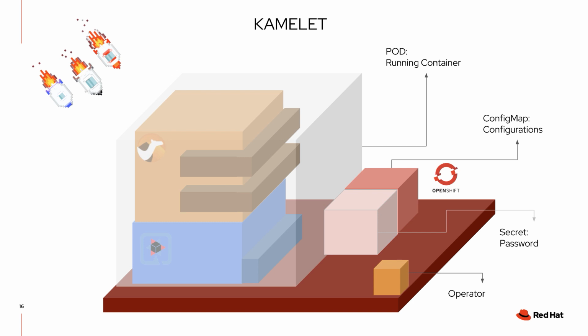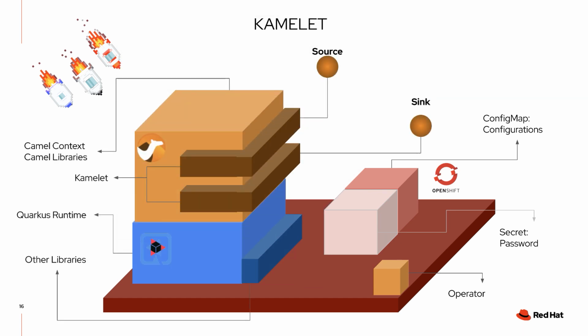But what's running inside that pod, you ask, right? People are curious, so let me lift that mystery box and show you what's going on. So here I have a Camel context, so I have Camel running. It has a couple of different Kamelets, so it will fetch all the Kamelets, and the Kamelets will have the libraries you need to connect to the source, and the libraries you need to connect to the sink, with everything that you have just configured in your Kamelet binding.